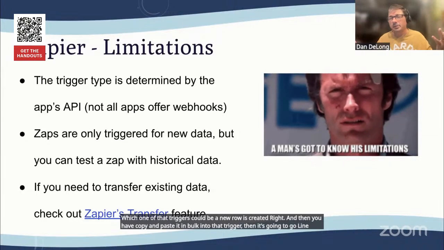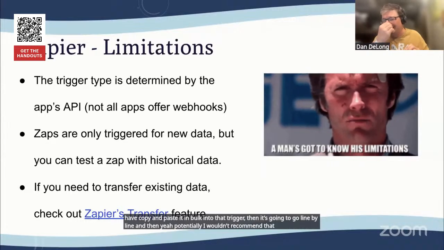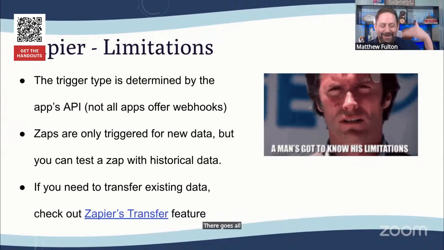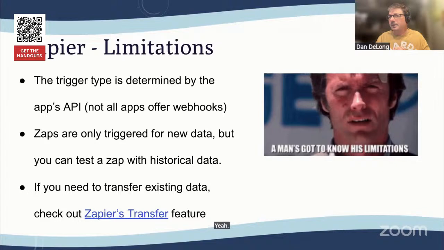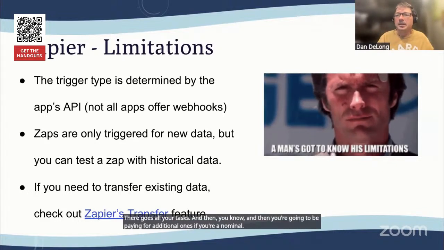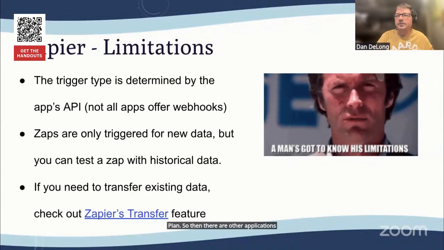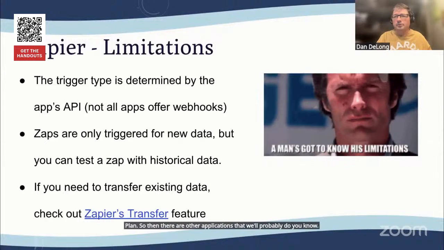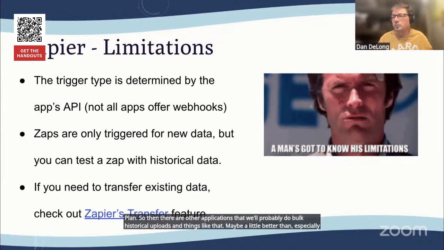I wouldn't recommend that, though, because there goes all your tasks, you're going to use all your tasks up real quick. And then you're going to be paying for additional ones if you're not on a plan. So there are other applications that will probably do bulk historical uploads better, especially if we're talking QuickBooks here.